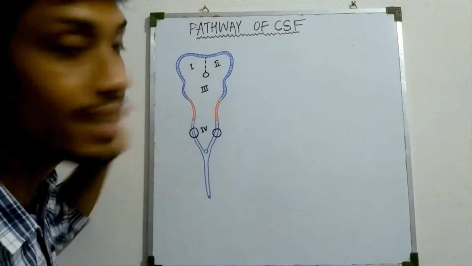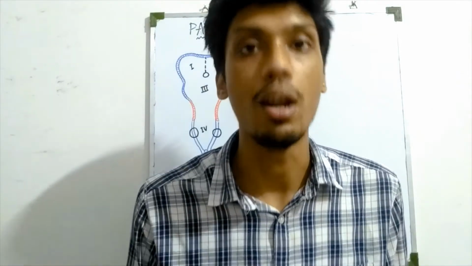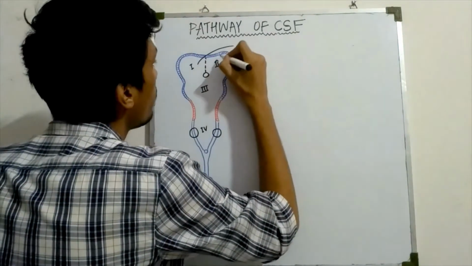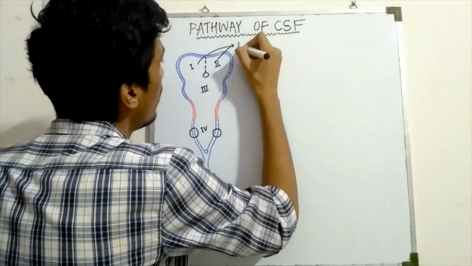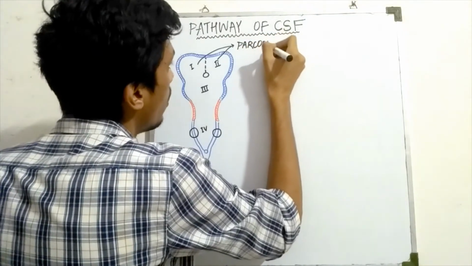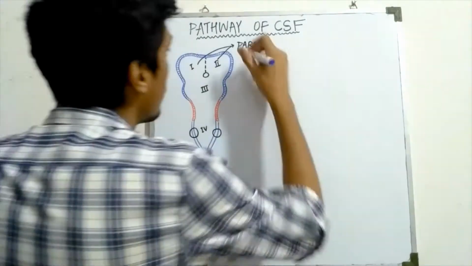The first and second ventricles of the brain are combinedly called paracele or lateral ventricles. You can see they are laterally placed to each other, so they are called paracele, or lateral ventricles.